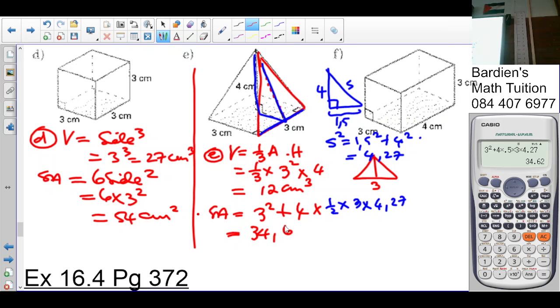Check if it's correct. Yeah, but you see that is rounded off now. Okay. What did you guys get?